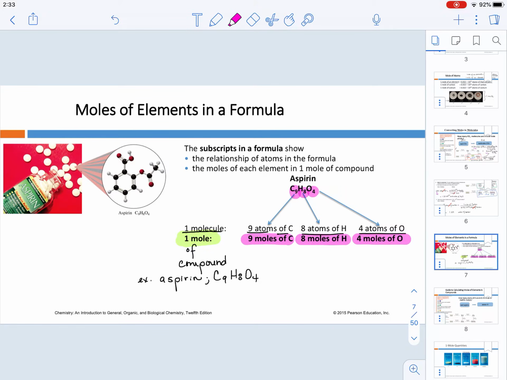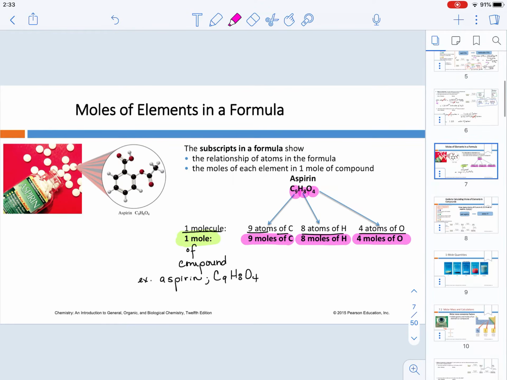For aspirin, 1 mole of compound corresponds to 9 moles of carbon because it's C9, 8 moles of hydrogen because we have an H8, and lastly 4 moles of oxygen because we have O4.